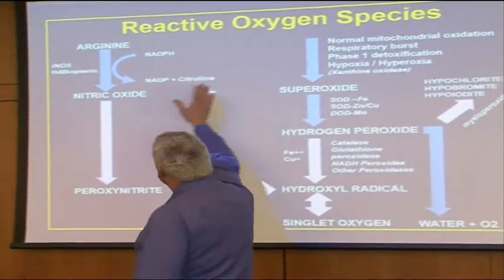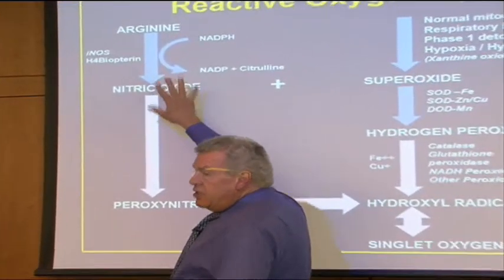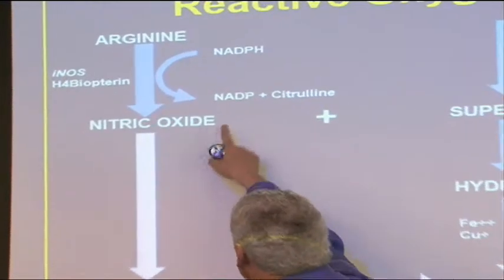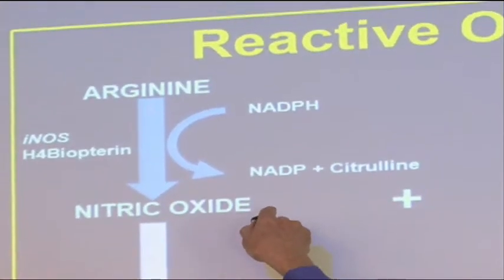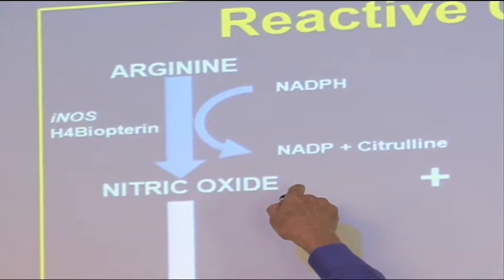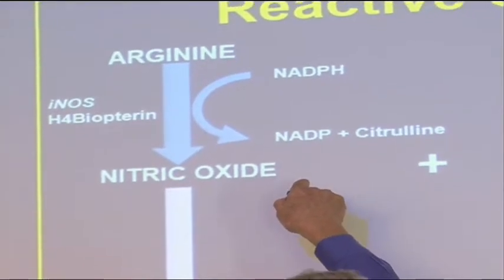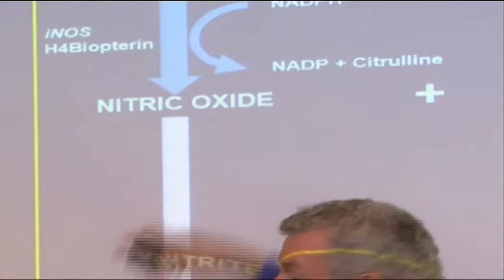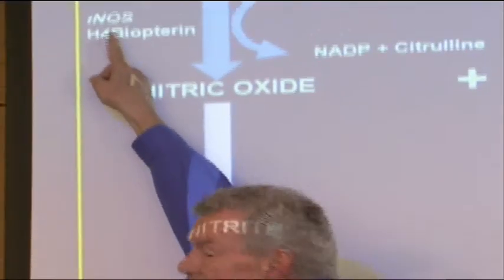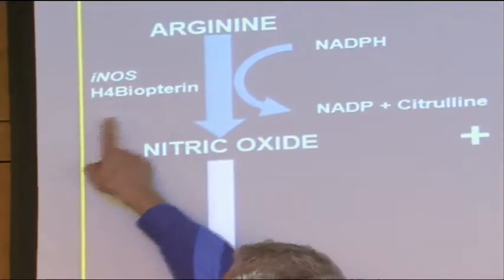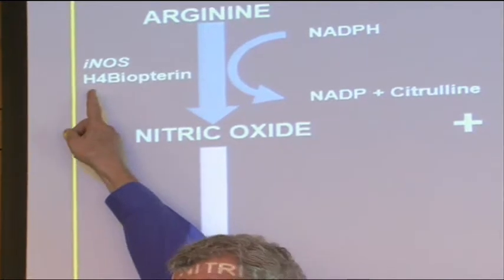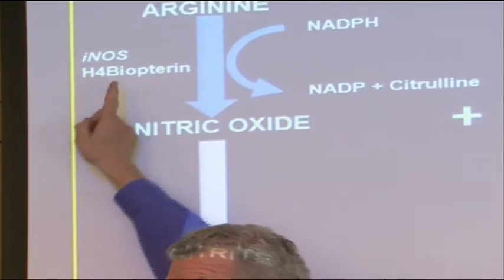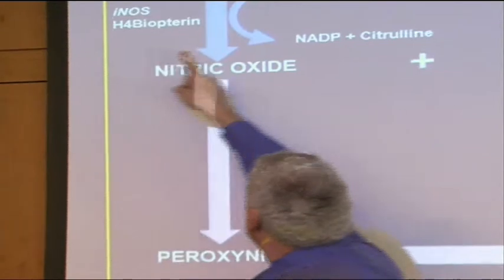Now, over this side, we produce nitric oxide. Nitric oxide is a free radical. It's got NO with a dot on it, and it's made from the amino acid arginine. So arginine is converted to nitric oxide by an enzyme called inducible nitric oxide synthase, iNOS for short, which needs tetrahydrobiopterin, H4-biopterin. Remember, that's a coenzyme in the folate family.